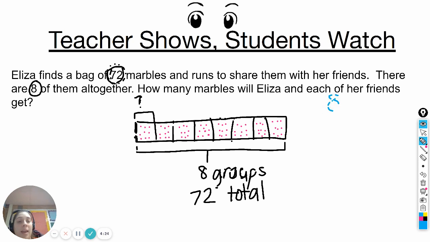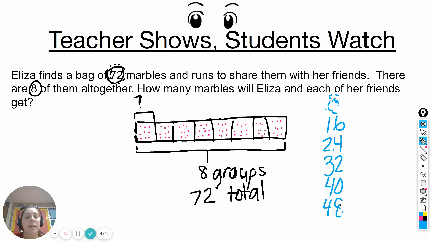Because first time I gave away 8, and then I went around again, and I was at 16, and went around and gave them again, and was at 24, 32, 40, 48, 56, 64, 72. So it was like I was skip counting by 8s because there was 8 groups and I was giving away 8 each time.